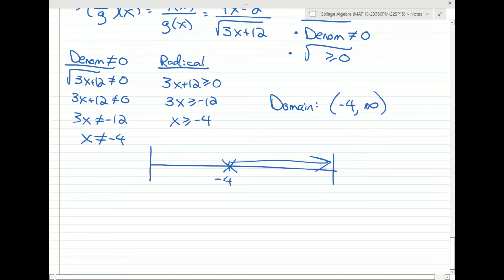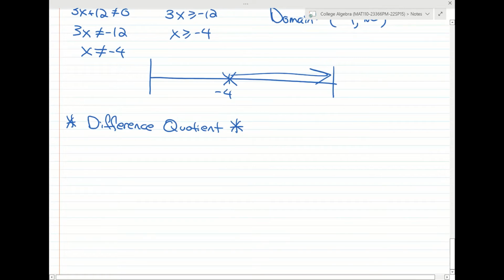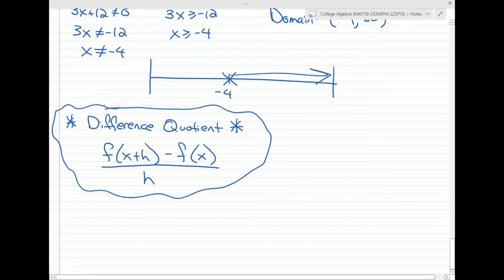We've seen restrictions before. Something that is on your final is something called the difference quotient. The difference quotient will be provided for you, and it just says f of x plus h minus f of x divided by h. What you'll be asked to find is to find the difference quotient.